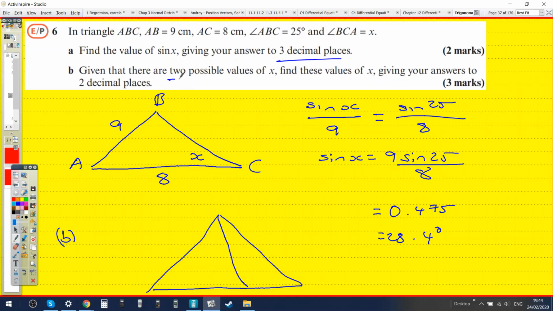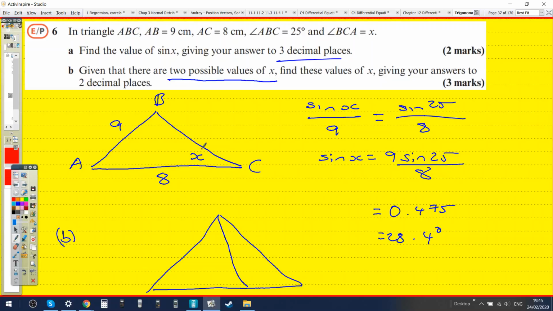Two possible values. What's that about? So would that be like, for example, it's giving us 2 decimal places. I'm not really sure. This is called the ambiguous case.